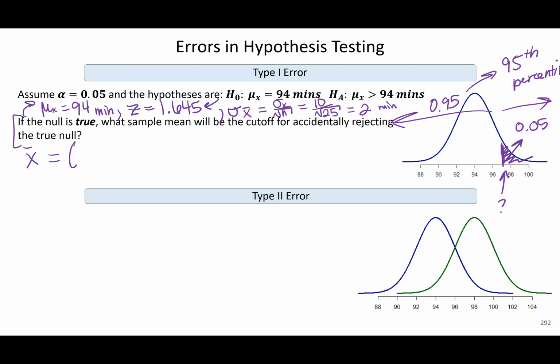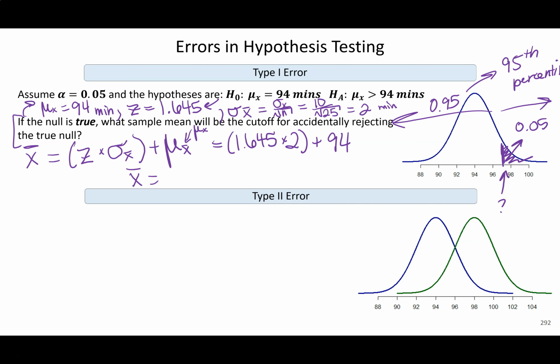So actually it's x bar: z times sigma of x bar plus mu of x, or x bar. So we can also say that's mu of x. I'm just going to plug in: 1.645 times 2, plus, if the null is true, mu is equal to 94 minutes. Do some math here, so x bar is equal to 97.29 minutes.